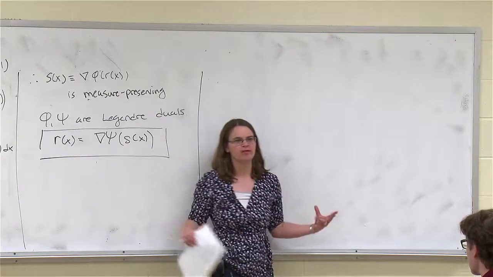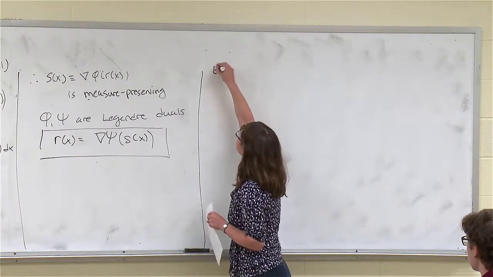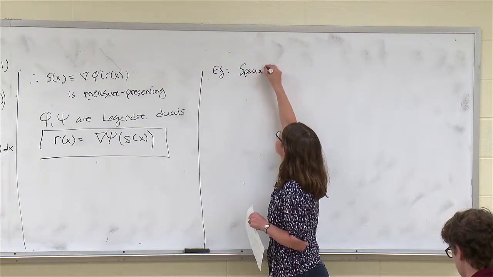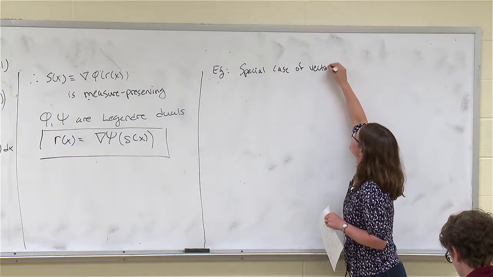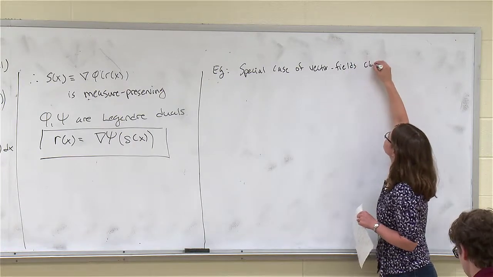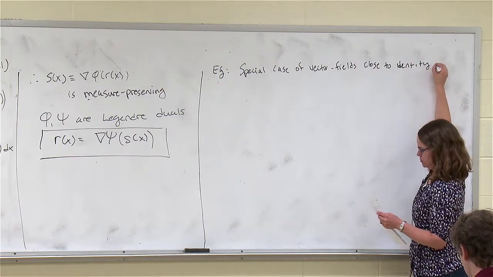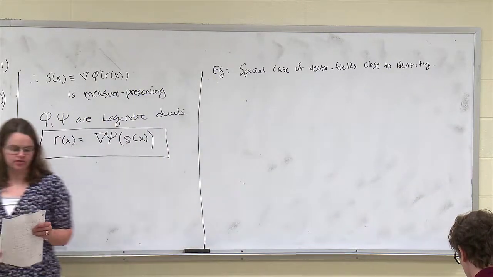Okay, so it's like x plus something small. So call this an example. Let's do the special case of vector fields close to the identity. And we're going to do some asymptotics.